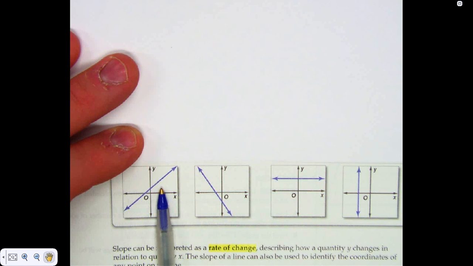So, do you think of that as uphill? Getting higher. What do you think of that? Getting lower. So which one's a positive slope? Which one's a negative slope? First one's positive. Second one's negative. There you go. Easy peasy, right?